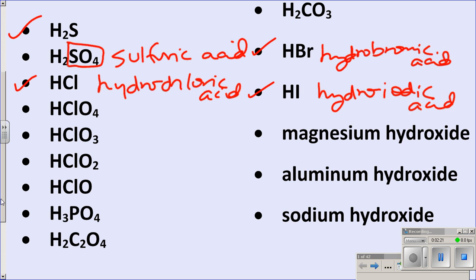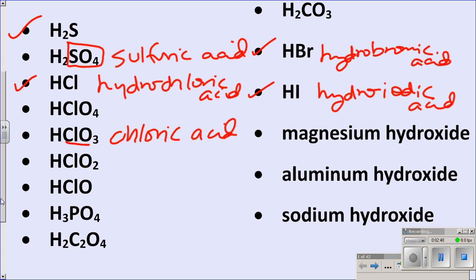No hydro, because it's not binary. Tell me another polyatomic that's the ate version that's up here. Where's chlorate? HClO3. This is the chlorate. So name that acid. Chloric acid. Chlorate goes to chloric acid.